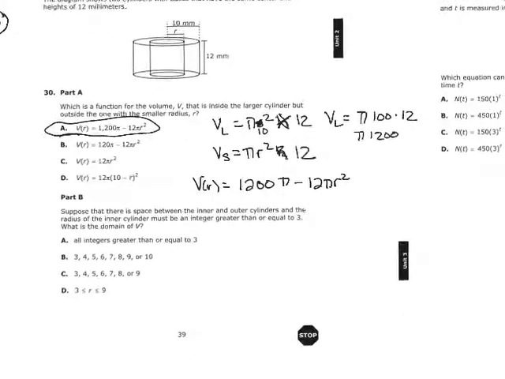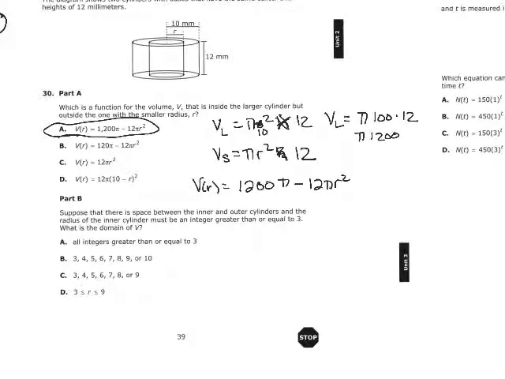Now to find the next one, the maximum radius is 10, because that's what they put up in the problem. So you can't have 10, because then that would be the same as the large. And it says that you have to have an integer that is greater than or equal to 3. So that would be C. It has to be less than 10 and greater than or equal to 3, and that's going to be C.